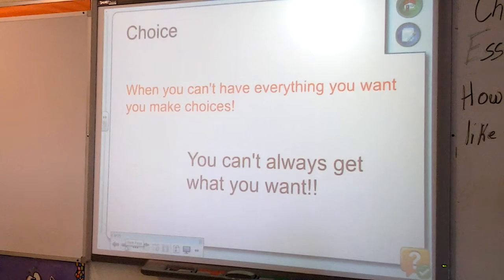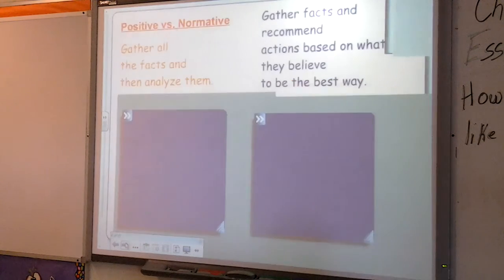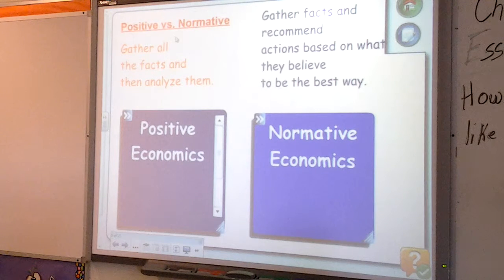And there's a couple ways to make those choices. The first is positive economics. Positive economics is when you gather all the facts and then you analyze them. In Debbie's economics class, there are 9 girls and 10 boys. That's a fact. 40% came from Marine City, 40% or 50% came from St. Clair, 10% from other districts.